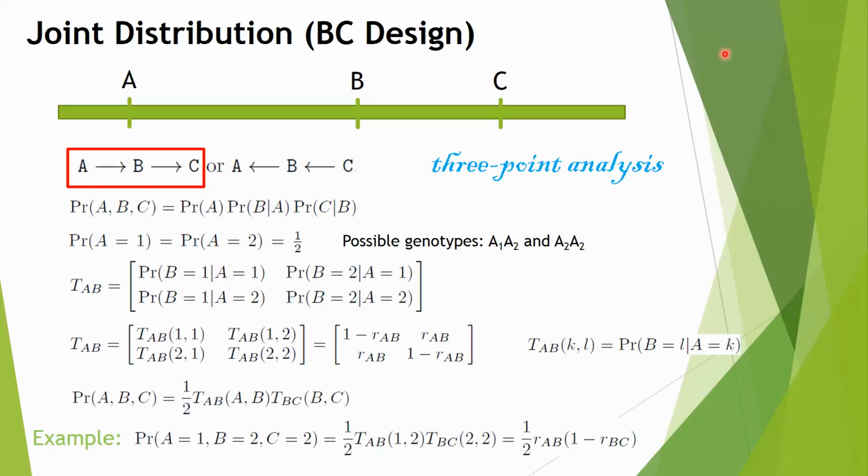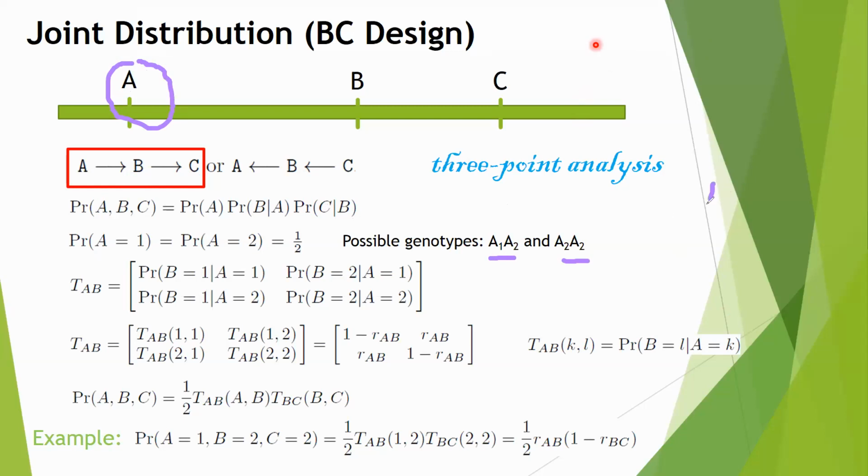Okay, so this is what we are familiar with, right? We have 3 loci A, B, C, and they are linked. This is a backcross design, a simple design. We start from A. For this A locus, we have 2 possible genotypes, right?